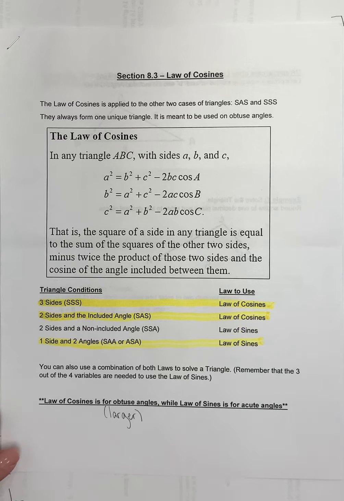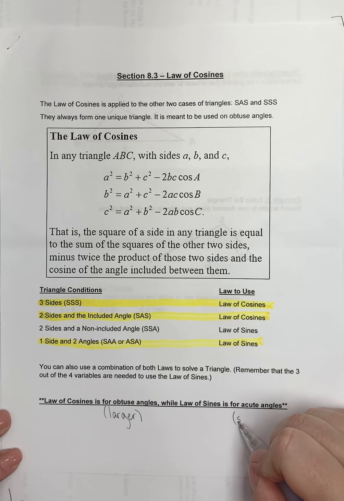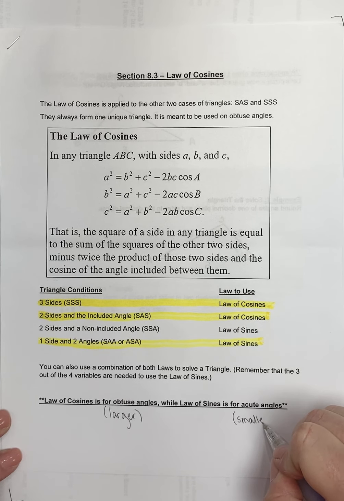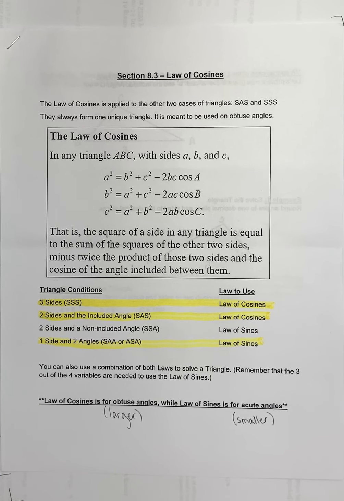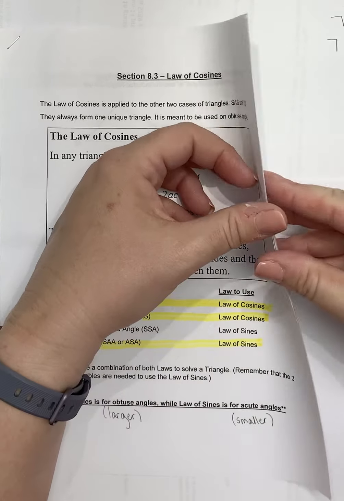The law of sines is for the smaller missing angle, or the acute angle. That's important because sometimes if you don't follow that rule, you will get an incorrect number and then your entire problem will be off. Okay, so let's turn the page.